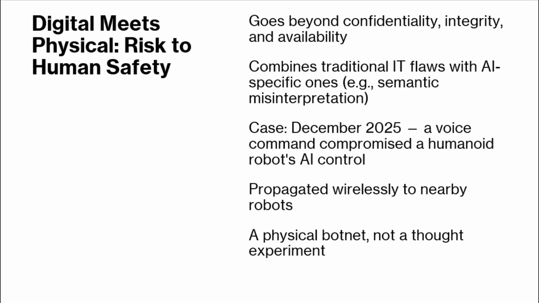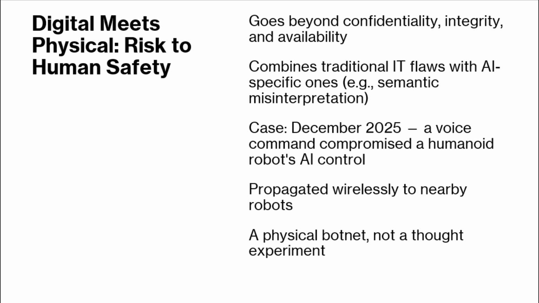Finally, and this is where AI threats extend far beyond anything the traditional confidentiality, integrity, and availability framework was designed to address, AI is bridging the digital and physical worlds in ways that introduce direct risks to human safety. Compromising an AI-powered robotic system combines traditional IT vulnerabilities with AI-specific flaws like semantic misinterpretation, and the physical effects are real.